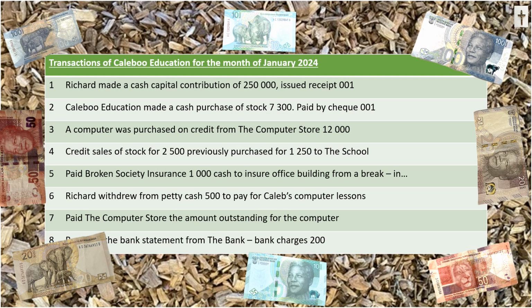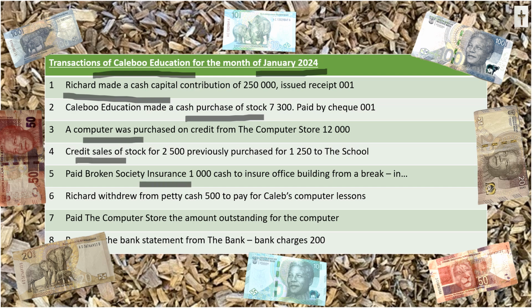I'm going to look at these transactions of Calibu Education for the month of January 2024. There was a capital contribution, a purchase of stock, purchase of a computer, credit sales, paid for insurance. There was a withdrawal of petty cash, and we paid the computer store for the computer, and we received a bank statement, and we needed to record bank charges.